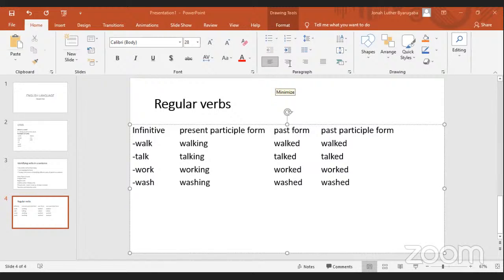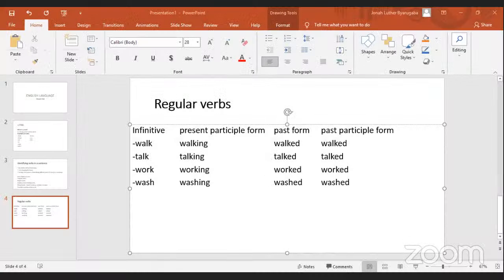Naya, you give us the verb. I'm really sorry, but we proceed. Yes, Charlotte, you wanted to give a verb that is regular. Say it again.